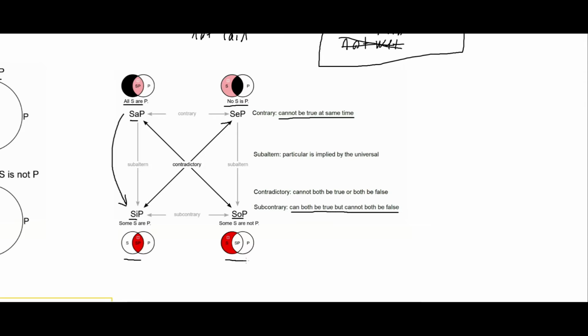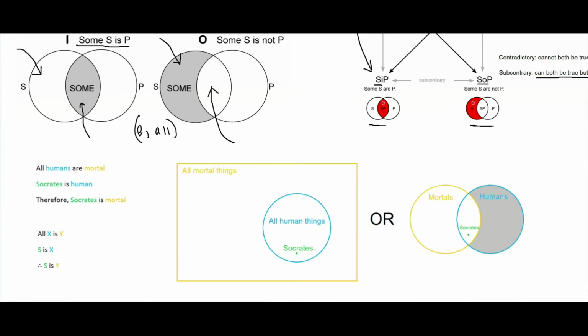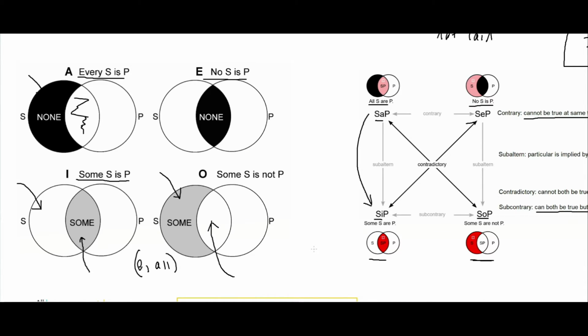But if we say it's false that some humans are male, then we would say that it is false that some humans are not male. So those two things can both be true, but they cannot both be false. That is the table you'll often see in introductory logic courses.